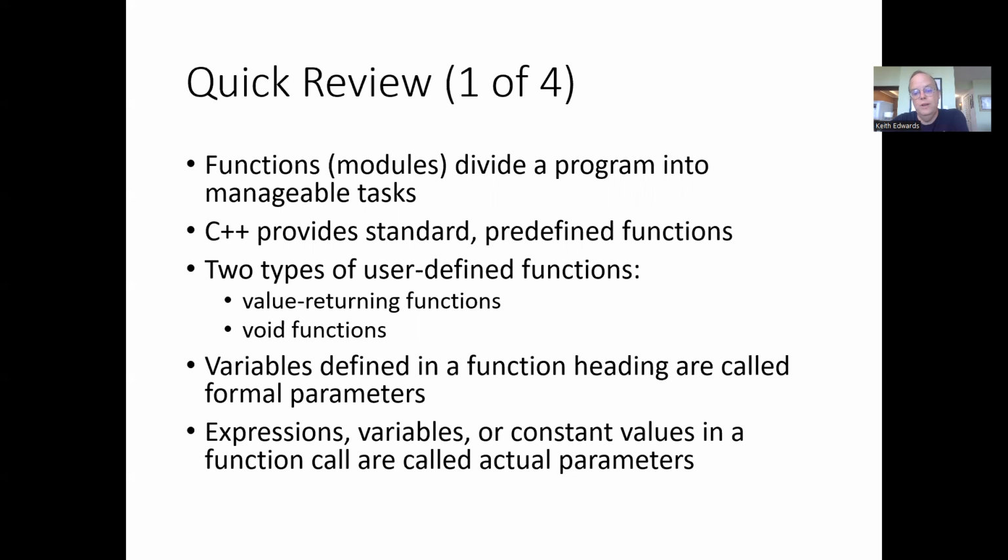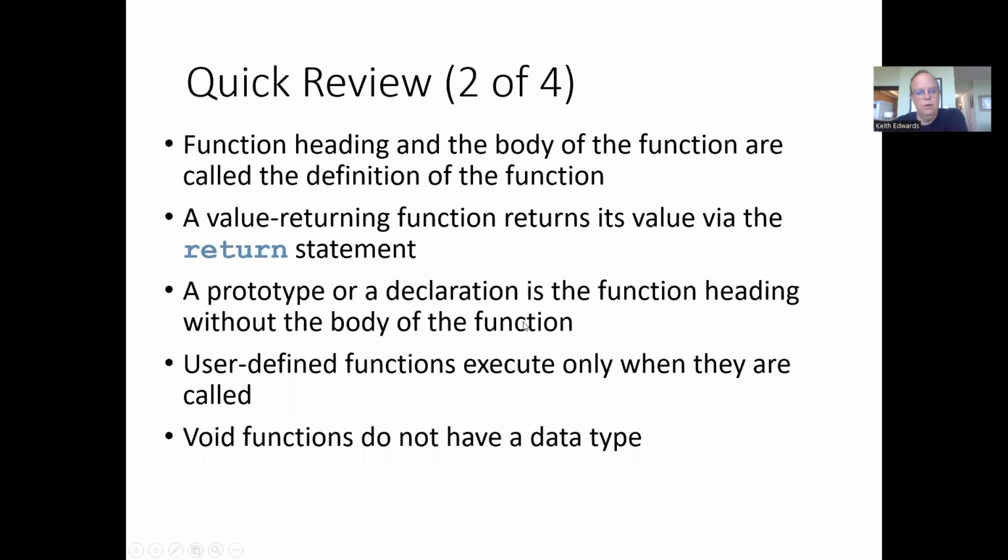The variables defined in the function heading are called the formal parameters, and expressions, variables, or constant values in the function call are the actual parameters. The function heading and the body of the function are called the definition of the function, and a value returning function returns its value via the return statement, and return is a reserved word in C++.